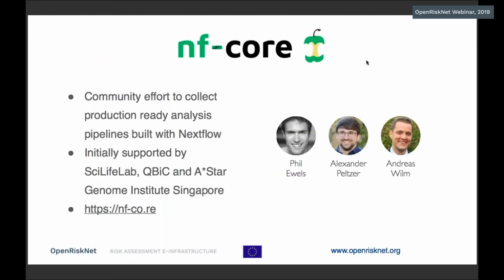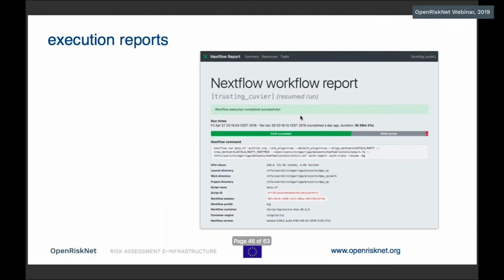There have been a couple of other initiatives around Nextflow. So this is nf-core, which is for core facilities doing a lot of sequencing work, and they're trying to build best practice pipelines. It's something you should definitely look into if you're doing production level pipelines in Nextflow. Increasingly we're creating an ecosystem around it so that you can have reporting on your jobs.